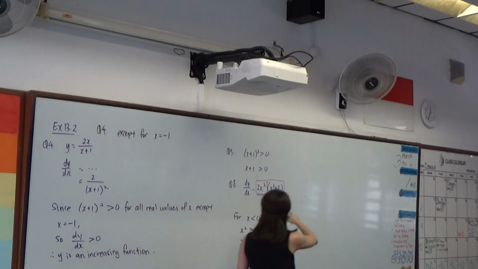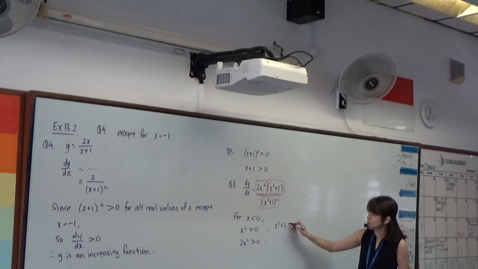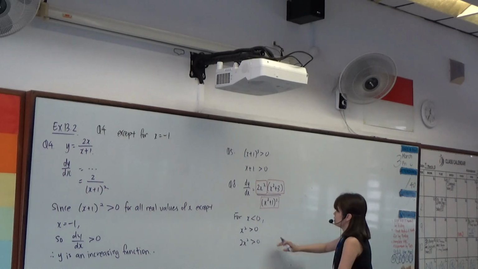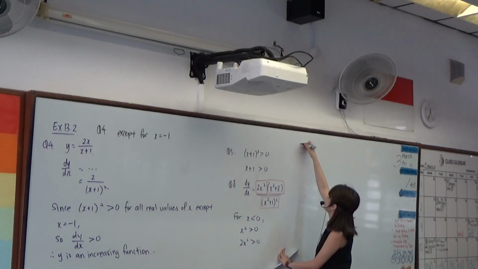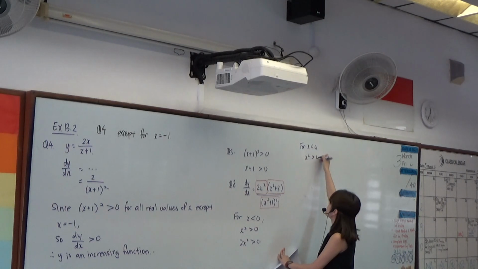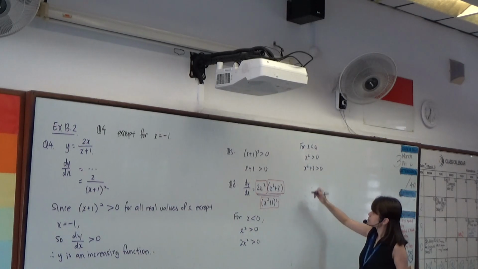The other inequality is that x squared plus 3 is going to be more than 0 as well. Okay, let me just present this. x squared more than 0, x squared plus 3 more than 0. So that's for the second part.